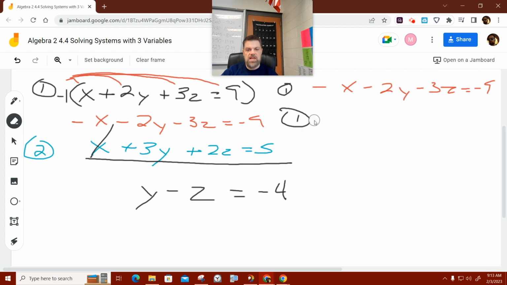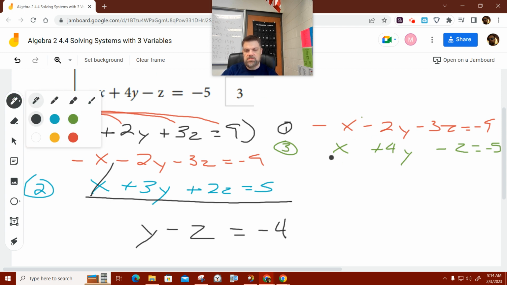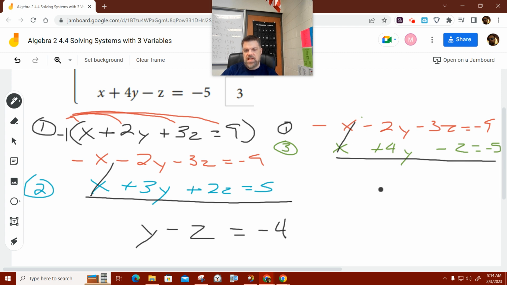Then I'm going to write equation 3, and equation 3 is positive x plus 4y minus z is equal to -5. So when I add those up vertically, these x's cancel. I get a positive 2y here. I get a -4z here. And then over here, I get -14.